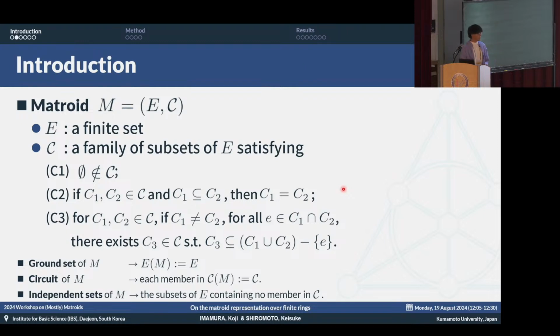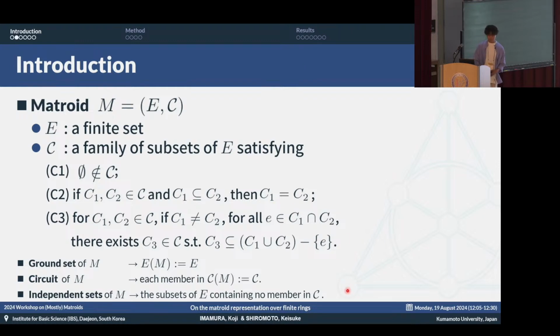That is, a matroid consists of a finite set E and a family of subsets of E, satisfying these three conditions. The first condition: the empty set cannot be a circuit. The second condition implies the minimality of the circuits, and C3 is the circuit exchange axiom.